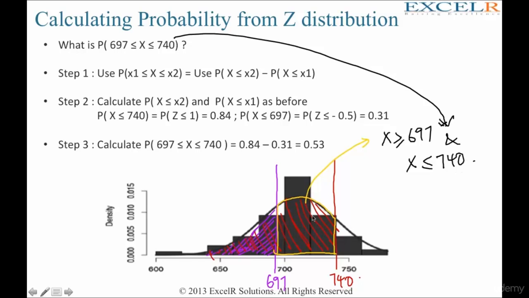So you want this region basically. And if you want this region, all you can do is calculate the probability for 740, which will calculate the complete region towards the left, and subtract the probability of 697 from that complete region. The leftover region would be this yellow color region, which is your area of interest. Hence, we are subtracting 0.31 from 0.84 to get 0.53.